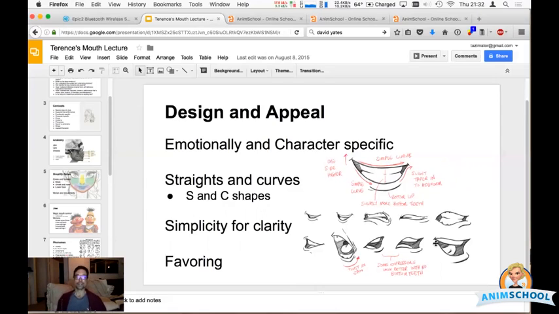This last point, favoring, we know favoring as a timing principle, but it's one of these principles that when you're looking at mouth animation becomes quite important, because when you lay down some keys for your mouth, chances are you'll hit specific keys for shapes, and then by default, you'll let the Maya interpolation do what it needs to do and give you in-betweens.